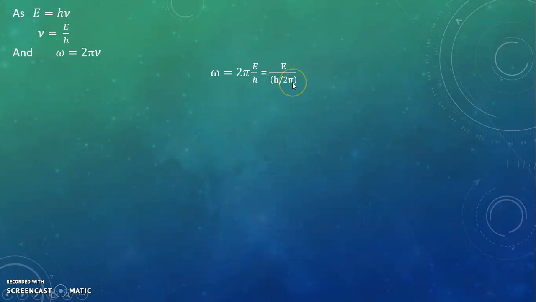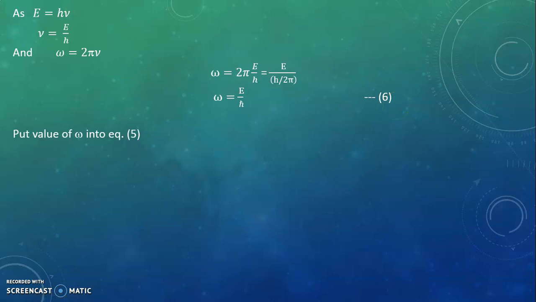So when you write this value from numerator to denominator, its value does not change, but here h upon 2 pi is the reduced Planck constant. So instead of h upon 2 pi we can write h cross. So this omega value becomes E upon h cross. Let this be equation number 6.